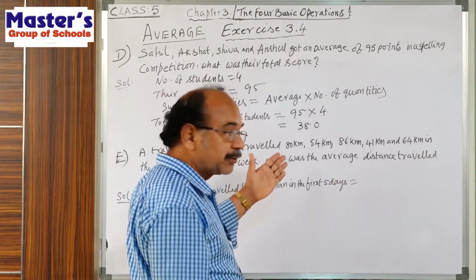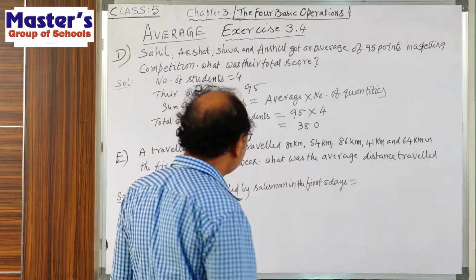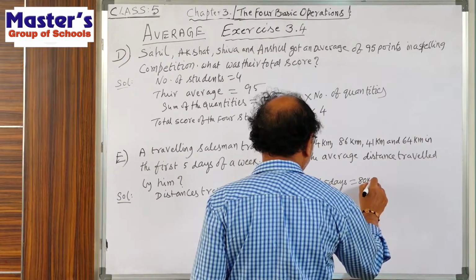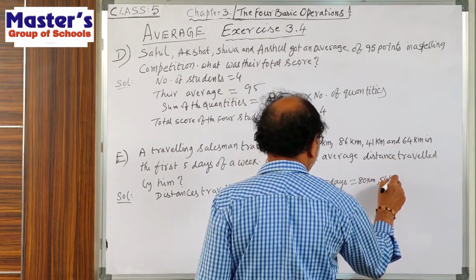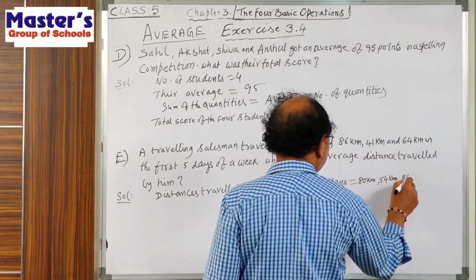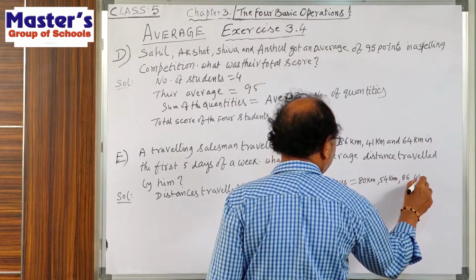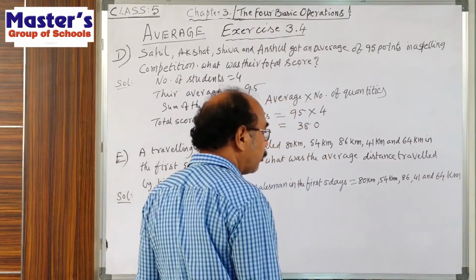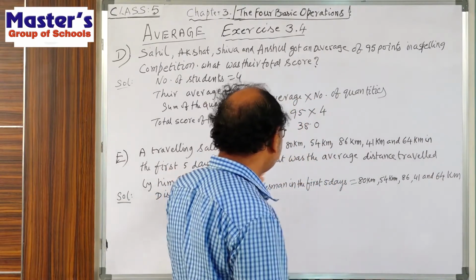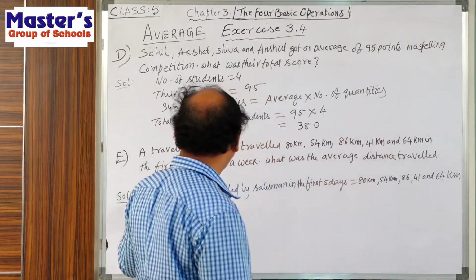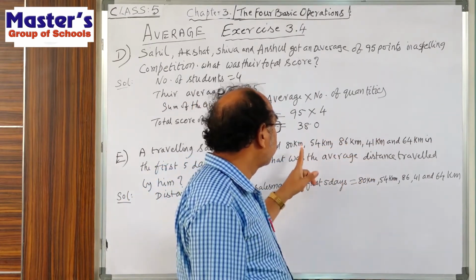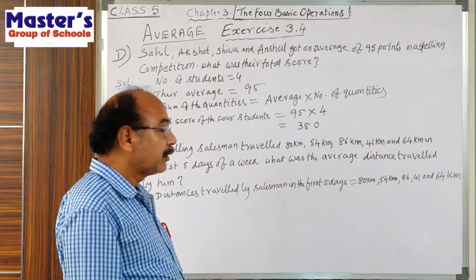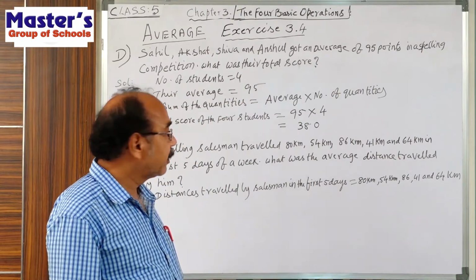Now write the distances traveled with commas. 80 kilometers, comma, 54, 86, 41 and 64 kilometers. 5 days. First day, second day, third day, fourth day. Okay. 1, 2, 3, 4, 5. First day, second day, third day, fourth day, fifth day. So, these are the distances traveled by the salesman in the first 5 days.